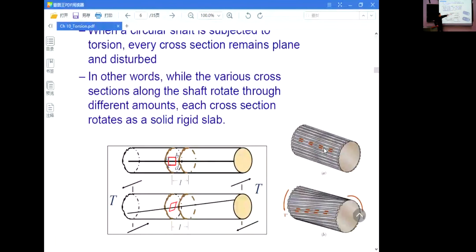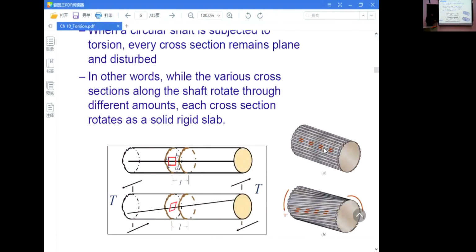Before deformation, it is not deformed. When the shaft deforms, the square changes to this figure. The line will move to another place.